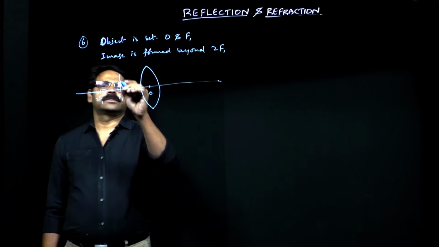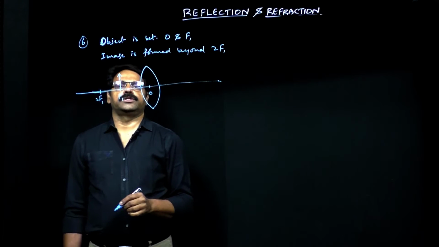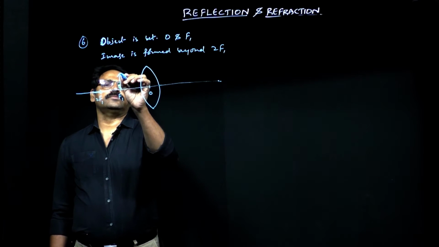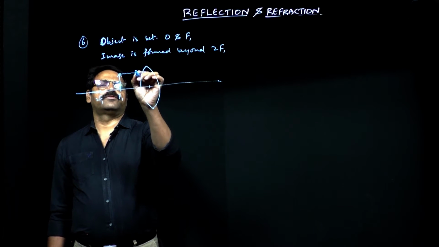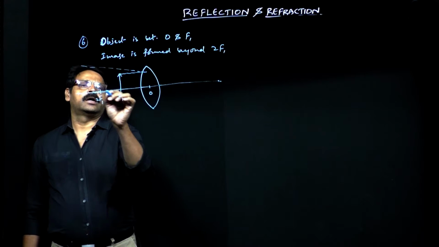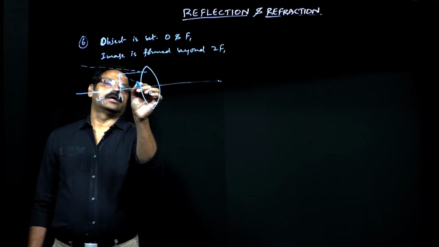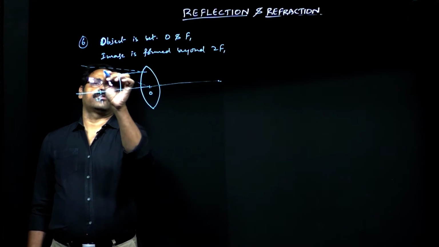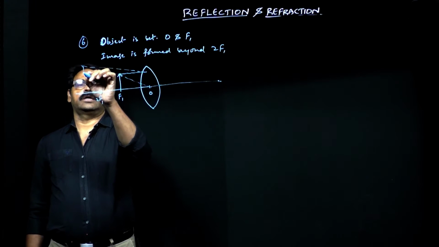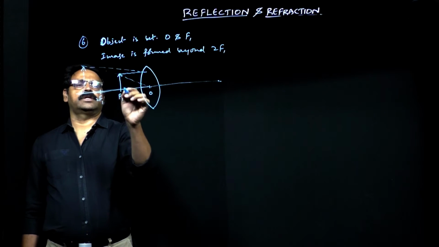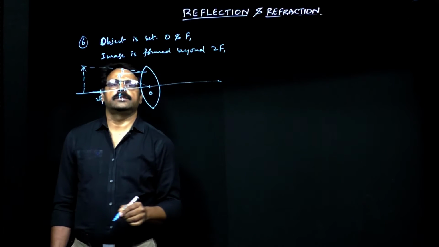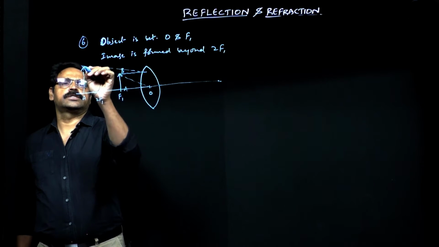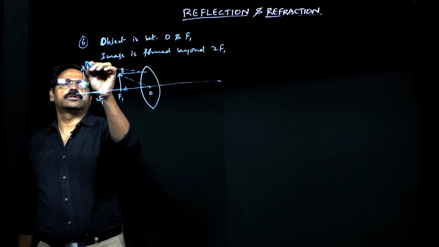In this case, the ray will be going like this and will get refracted, and then it will go over here. Then the image is formed somewhere here. This is AB, and this is going to be A dash, B dash.